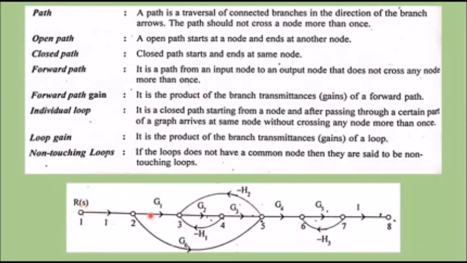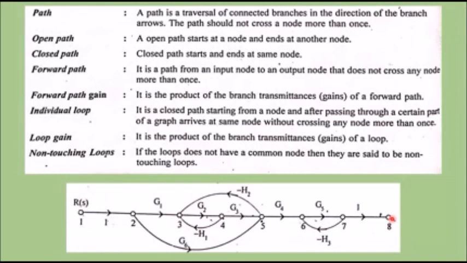In this path, do we cross any node twice? No. So this is a forward path. You can also find one starting from 1, 2, then go to 5 this way, then 6, then 7, then 8. This is also another path, because in this way I am not traversing any node twice.